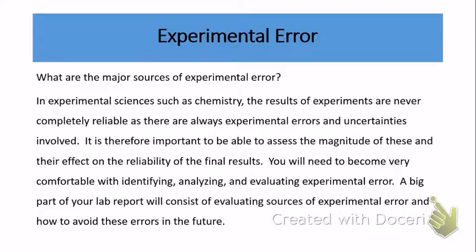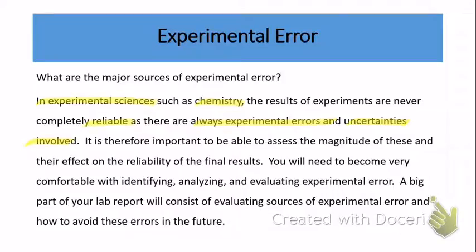So first of all, what are the sources of experimental error? We're going to focus on the fact that in experimental sciences such as chemistry, the results of experiments are never completely reliable, as there are always going to be experimental errors and uncertainties involved.